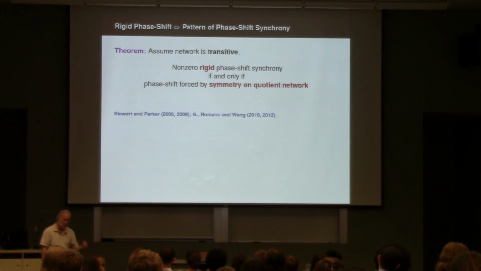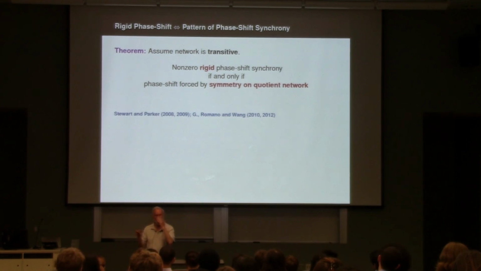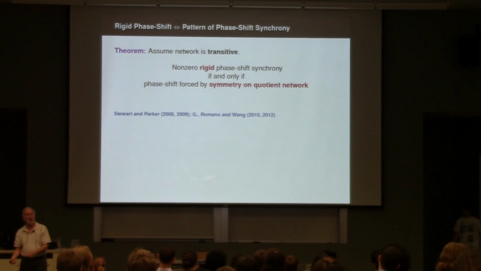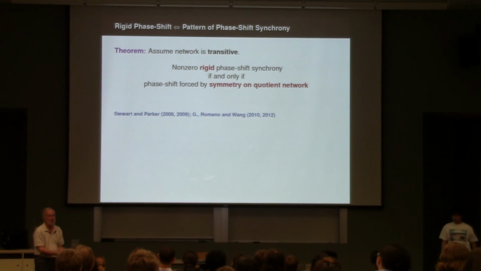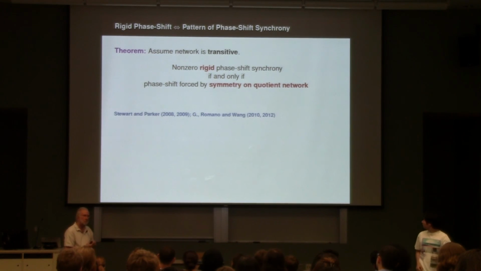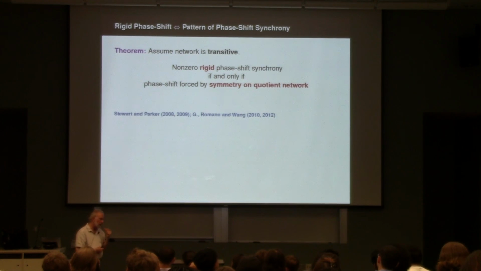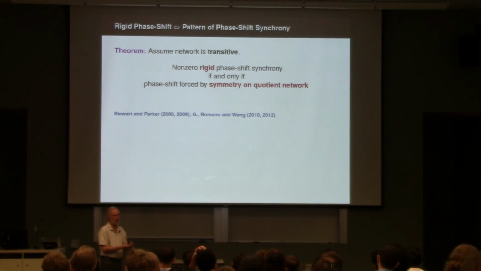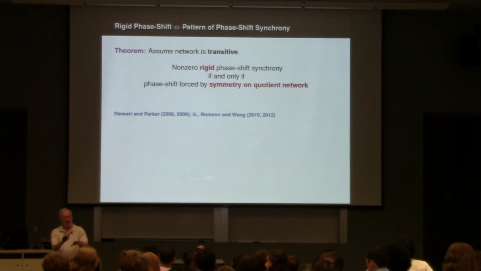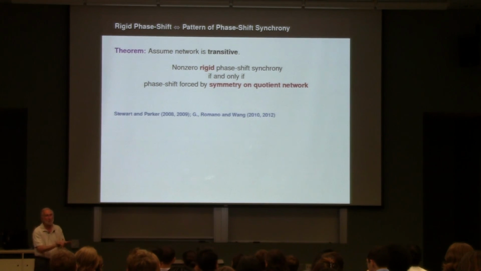Okay, now, when I started the talk, I mentioned that at MBI, we like to talk about how mathematics tells you something about biology, and how biology tells you something about mathematics. Well, implicit in what I've been doing is the assumption that you get these half-period out-of-phase type solutions only if there is symmetry.